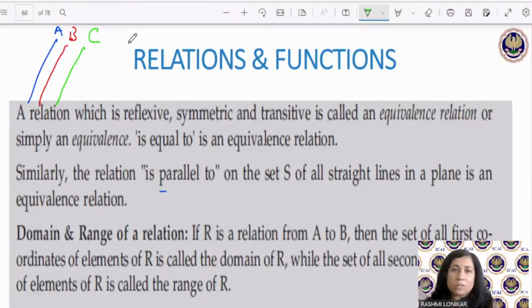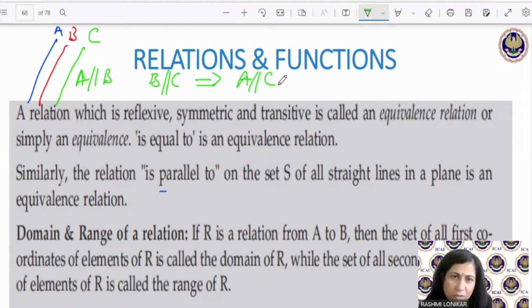When two lines are parallel to a third line, they are parallel to each other. So A parallel to B, and B parallel to C. Doesn't it imply A is also parallel to C? So that means it is transitive also. So it is reflexive, symmetric, and transitive. So we say that 'is parallel to' is an equivalence.